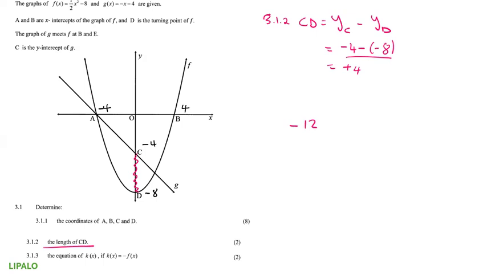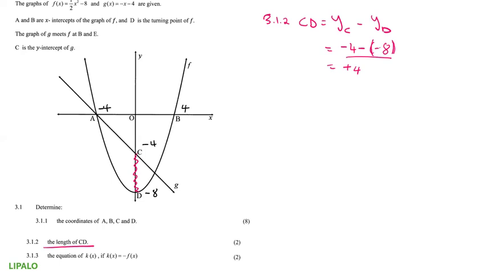Careful substitution. That is why I'm using the brackets, because there are negatives involved. Negative times negative is a positive, so it makes +8 minus 4, giving me +4. Or you can just use a calculator. I know educators say don't use it, but use a calculator to check your answers.